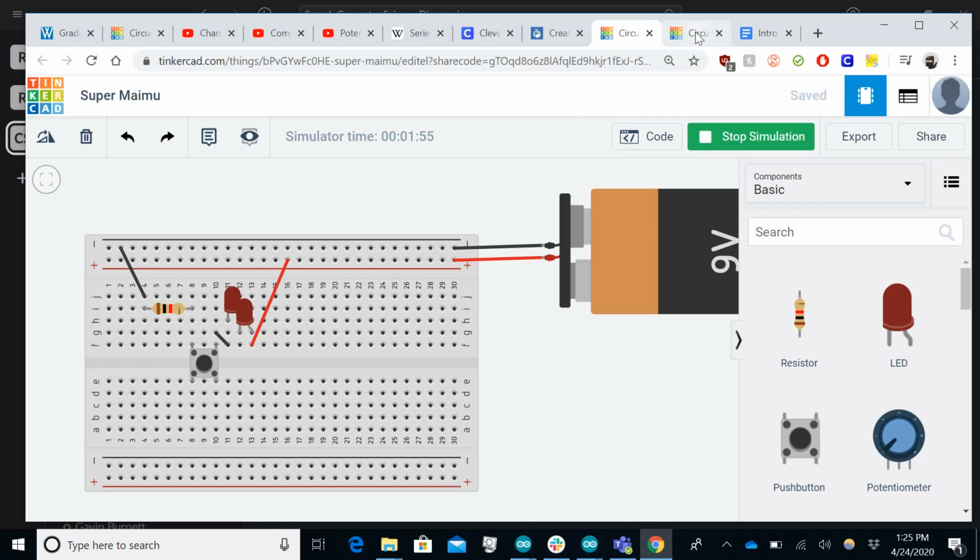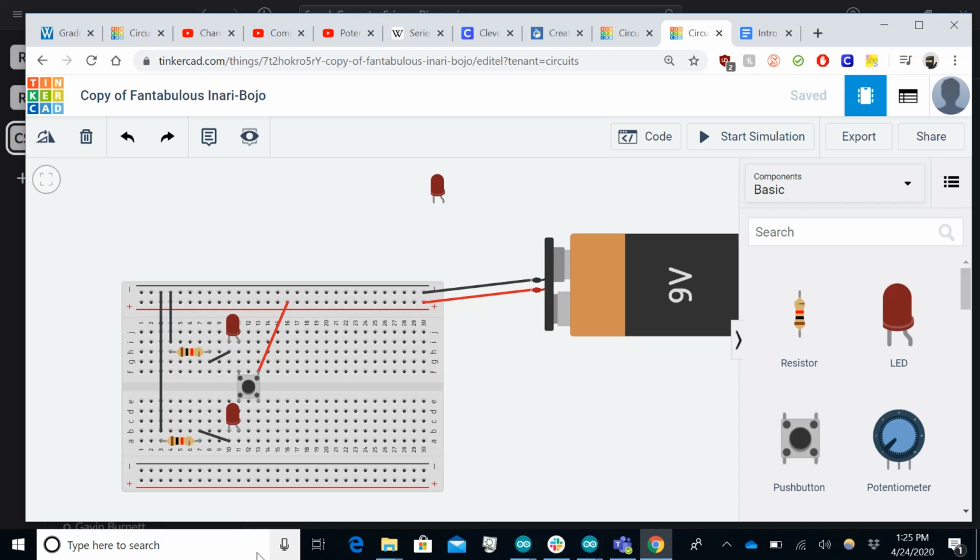Now, this circuit is very different. Now I can follow the positive or the negative. If I follow the negative, just to keep with what I did there, we'll see the negative connects to the resistor, to here, to the negative pole of my LED. It also follows a similar path to the negative pole of my LED here.